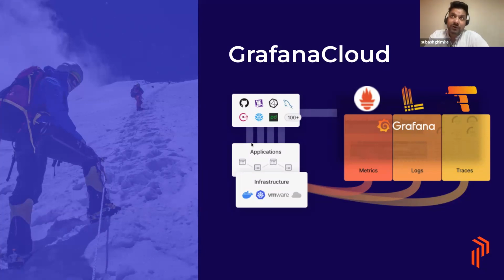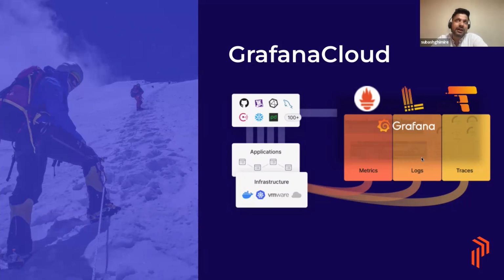As I told before, Grafana has lots of things, but to obtain observability patterns in our application systems, we basically have to do three things: metrics, logs, and traces.